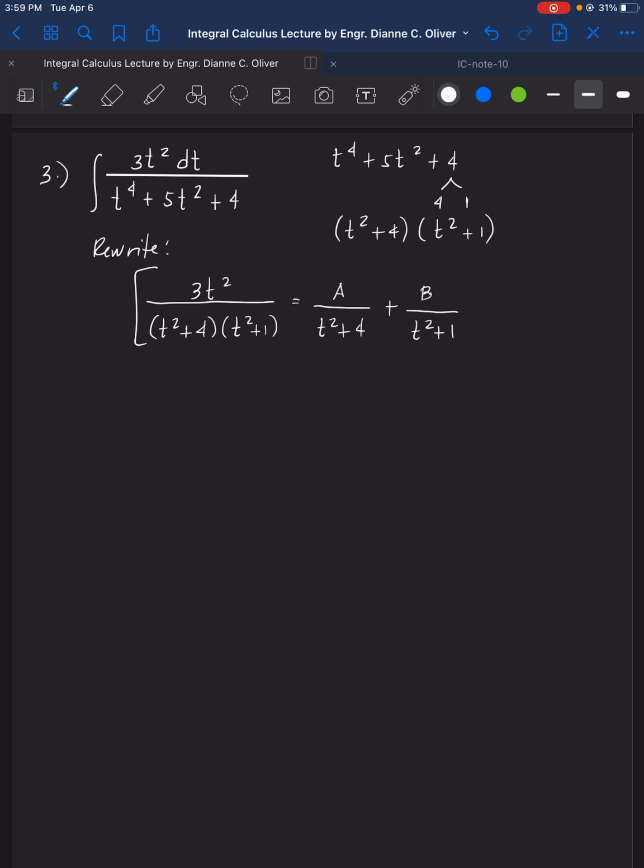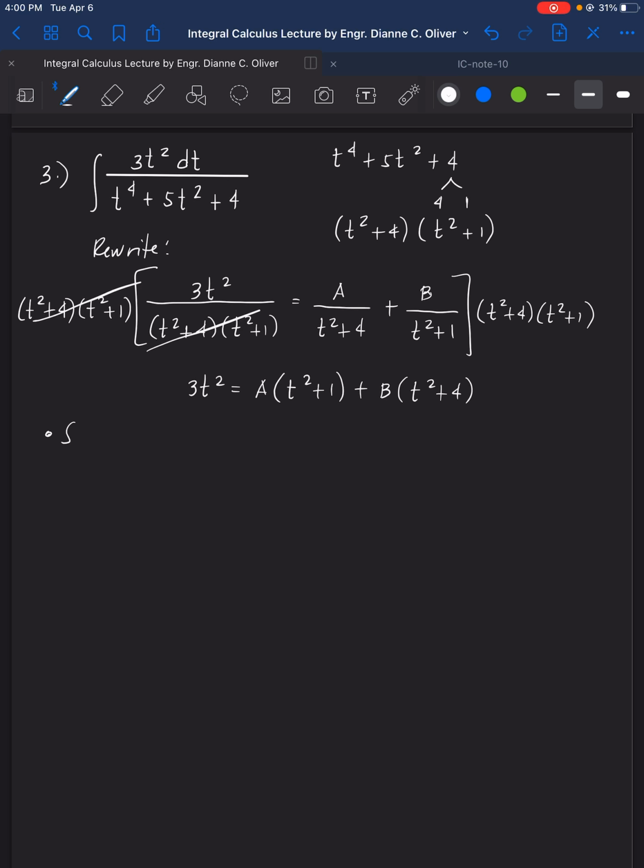Then we multiply both sides of the equation with the denominator t squared plus 4 and t squared plus 1. So cancel this out. What's left becomes 3t squared is equal to A times t squared plus 1 plus B times t squared plus 4.